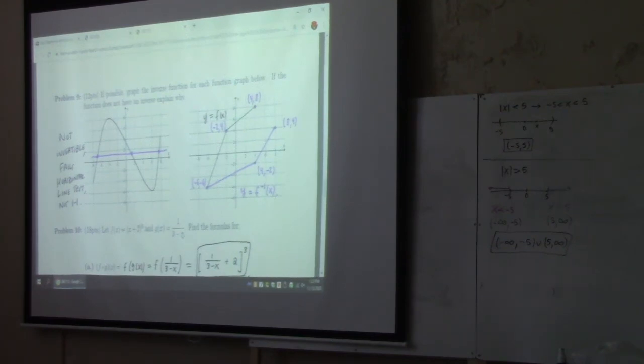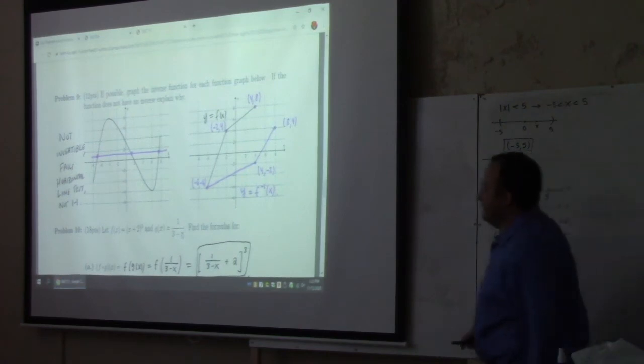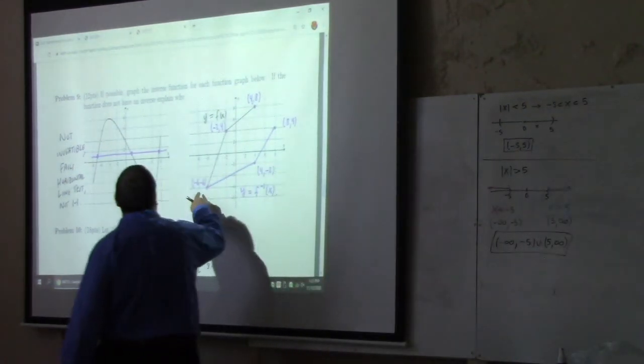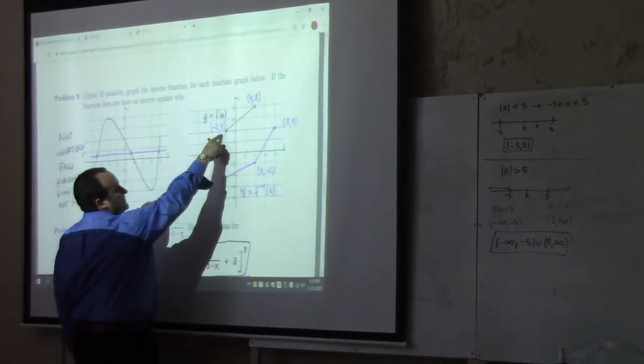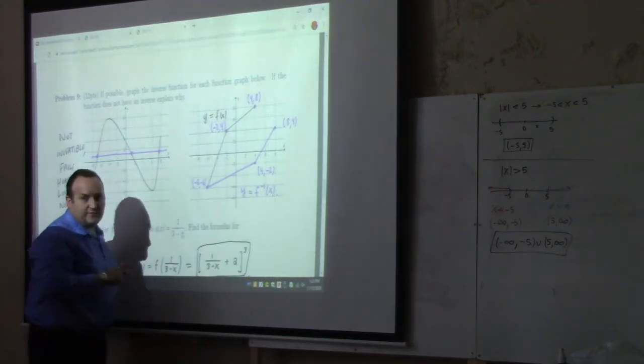How do you invert the graph? How do you find the graph of the inverse function? If you're plotting it in the xy plane, all you have to do is reflect the graph across the line y equals x, which is just a fancy way of saying take the points on your original graph. In this case, I had minus 6, minus 6, minus 2, 4, and 4, 8. I chose to study those 3 points.